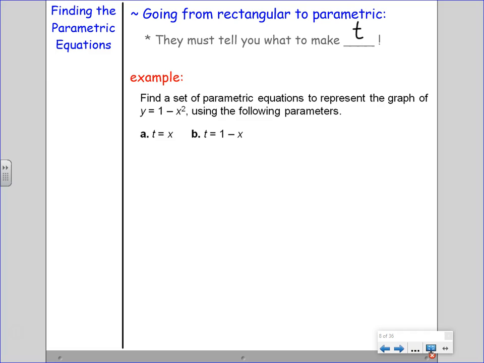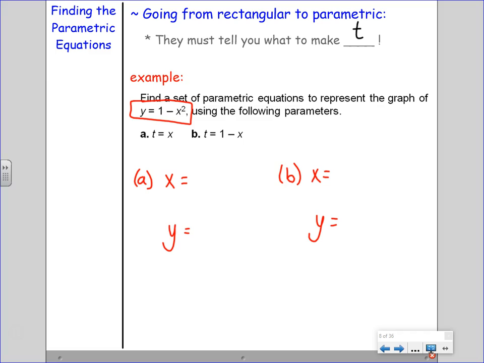So they tell us y equals 1 minus x squared. And then they tell us use t as x. In parametric, don't we need an x equals and a y equals? This looks hard.